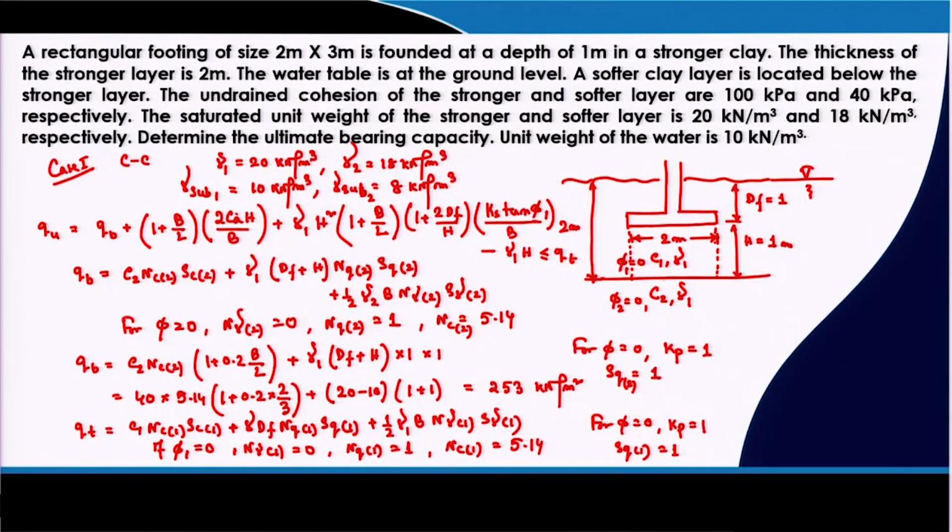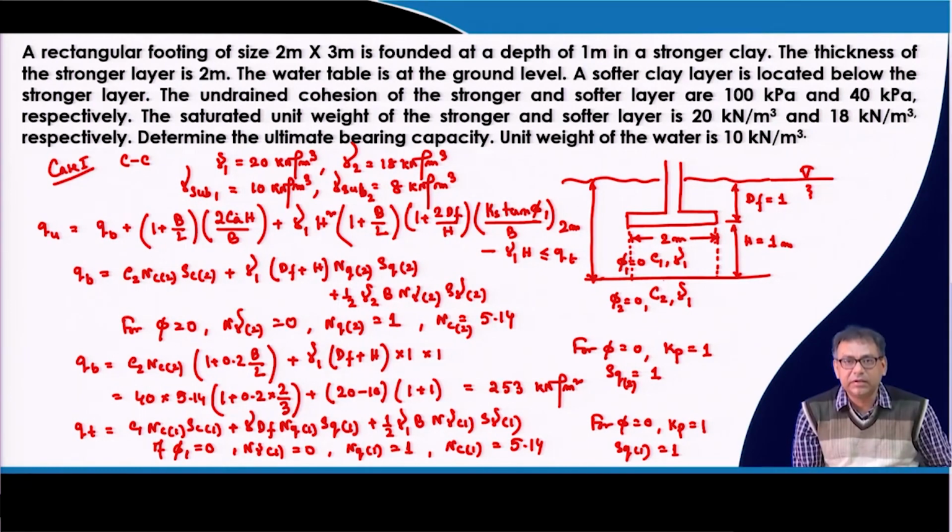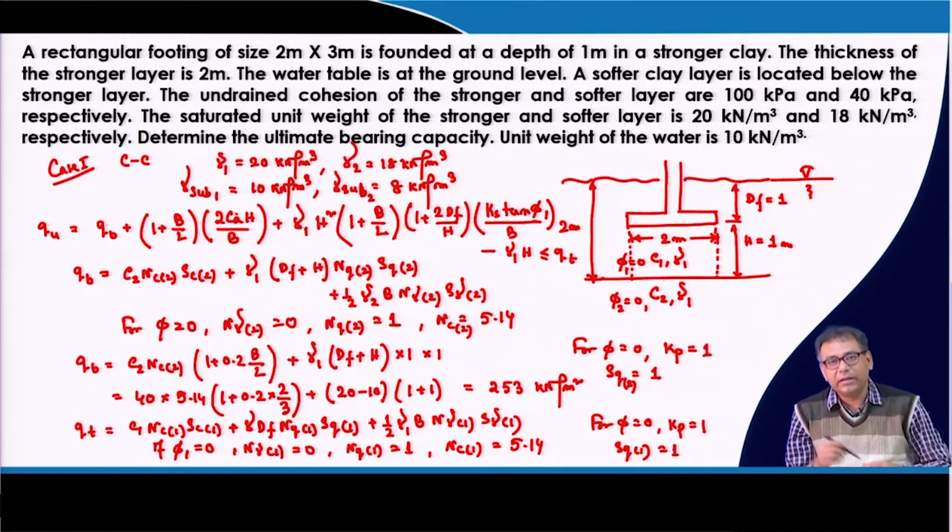Now I started the second case, where the top layer is a sandy soil and the bottom layer is a clayey soil. As I have mentioned, the theory that I have discussed is applicable if the top layer is stronger than the bottom layer. That means the top layer is a strong soil and the bottom layer is a weak soil.